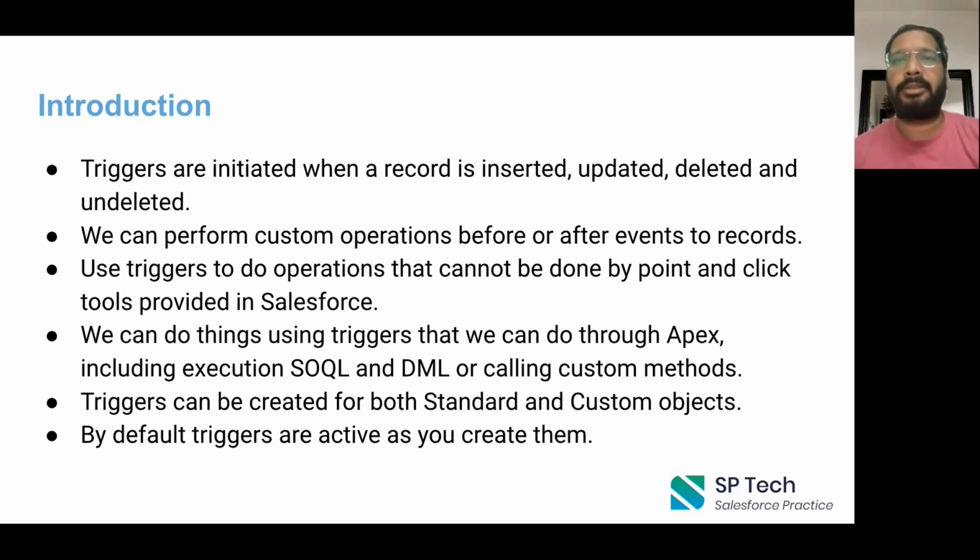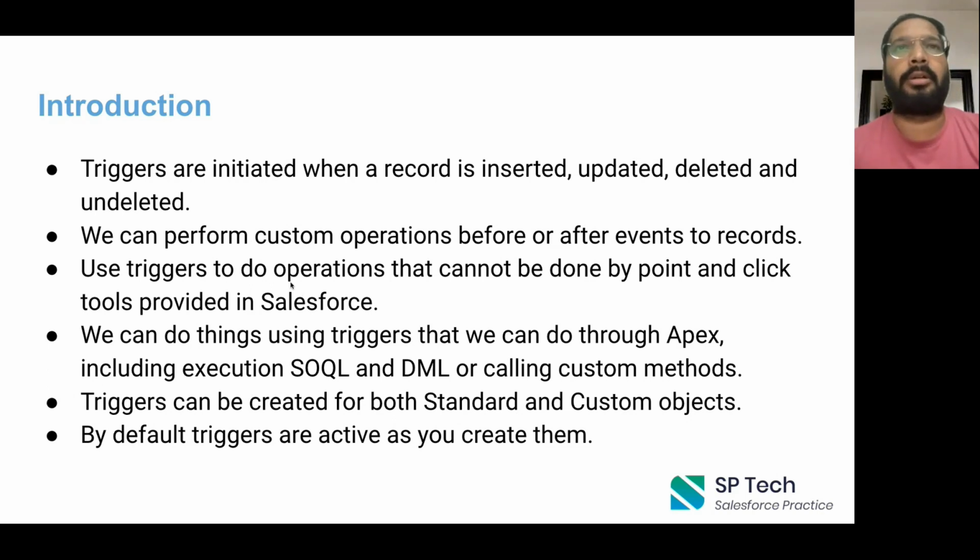So one is saving the data in the database, and another is commit. Save is temporary and commit is permanent. Before saving, if you want to do some operation, it is known as a before save event. After saving, if you want to do something prior to commit, that is known as an after save event. The difference we'll understand later in detail.